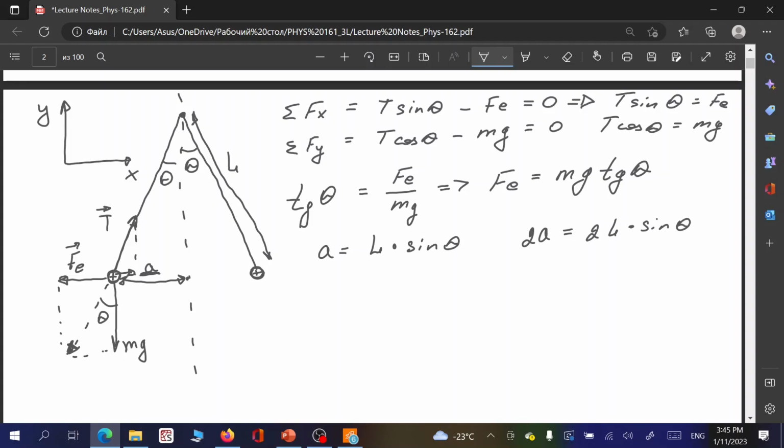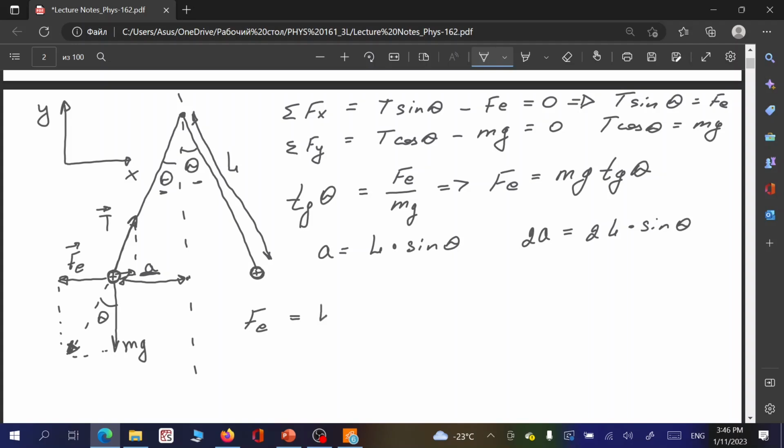So if we consider that we don't know electric force, we want to determine what is electric force from knowing the angle theta and all other parameters, we can determine it in different ways.